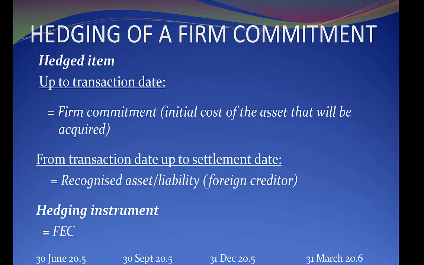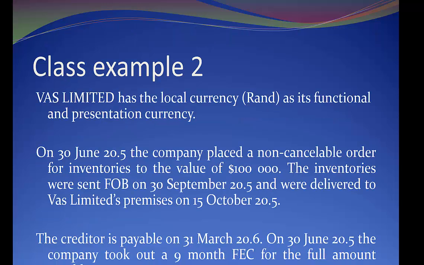We also have the hedging instrument, which is the FEC, and the FEC will be valued and translated for the full period from 30 June until the end of March 20.6, because we took out a hedge for the whole period. So let's now move on to our class example number 2, and in this instance I would want you to go to your handouts.